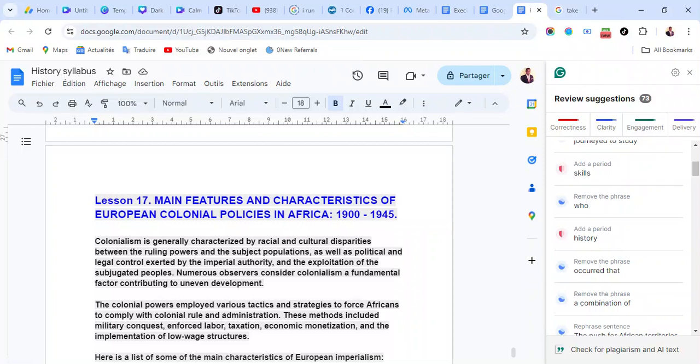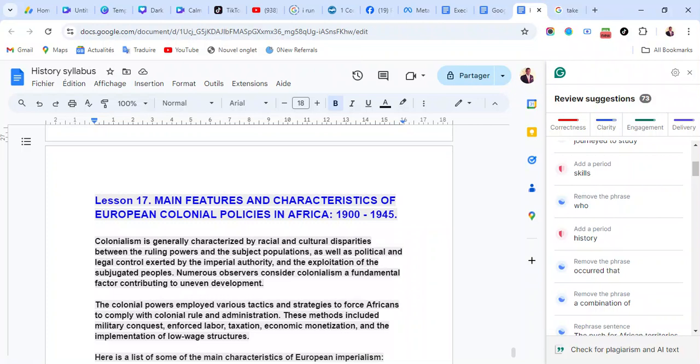The main feature is that colonialism is generally characterized by racial and cultural disparities between the ruling powers and the subject populations, as well as political and legal control exerted by the imperial authority and the exploitation of the subjugated peoples.